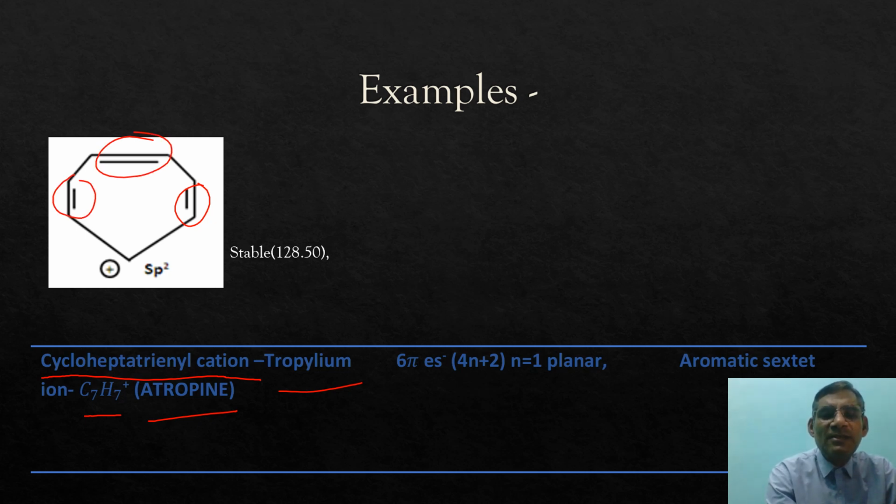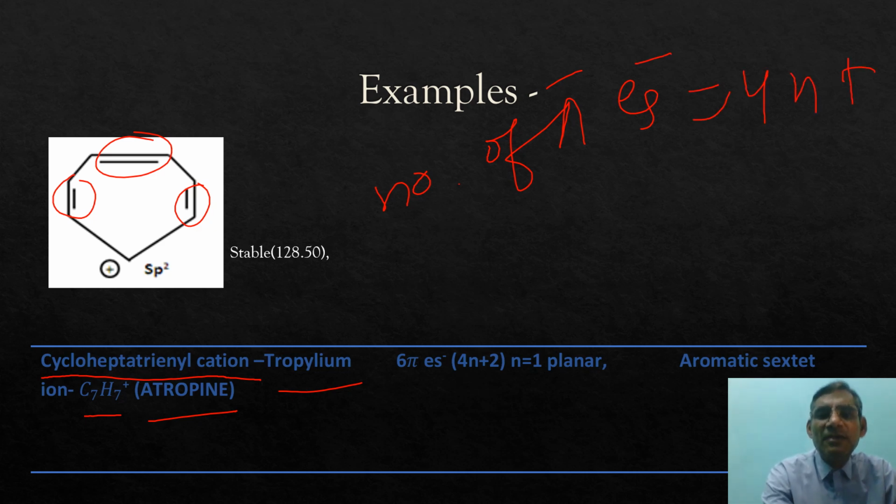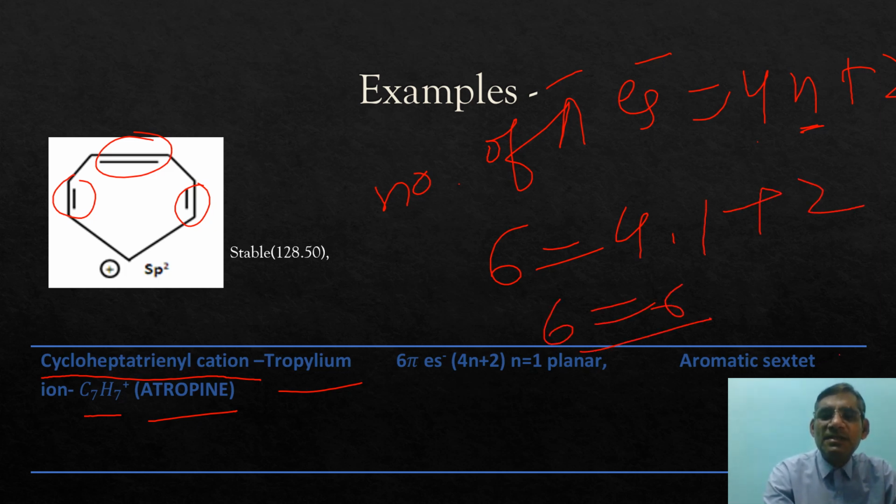So number of pi electrons is equal to 4n plus 2. Here how many pi electrons are there? 6. Since the number of pi electrons is 6, n will be equal to 1. So 4 into 1 plus 2, that is 4 ones are 4 plus 2, 6. So 6 equal to 6, that is, it is aromatic having a sextet structure.